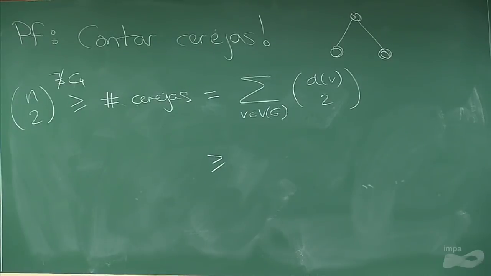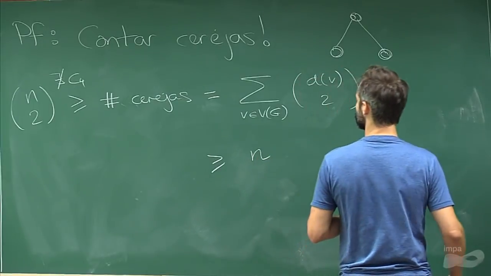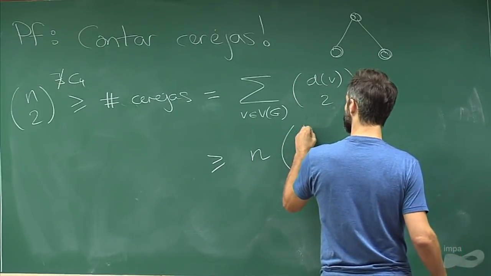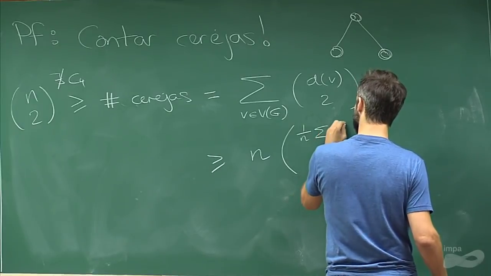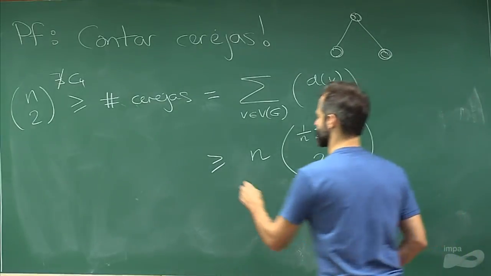So this is now basic analysis. How do you minimize a sum of squares? Make them all the same. So by convexity, this thing is minimized by taking all the terms the same. So this is at least n times the choose 2 of 1 over n times the sum of the degrees. This is by convexity.